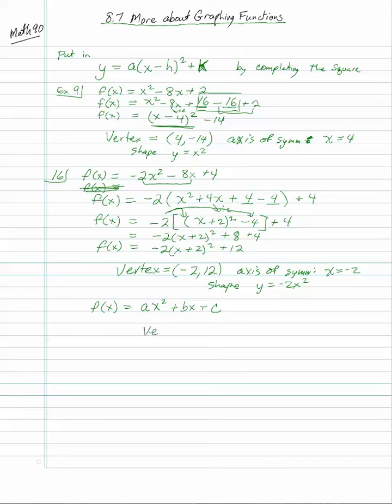I think of this as a shortcut for the vertex, (h, k). h is going to be equal to the opposite of b over 2a, and k is going to be equal to f of negative b over 2a.